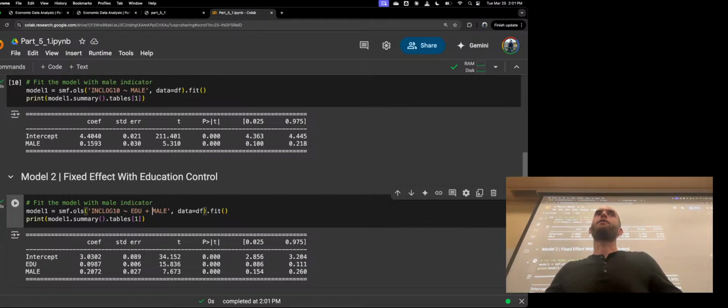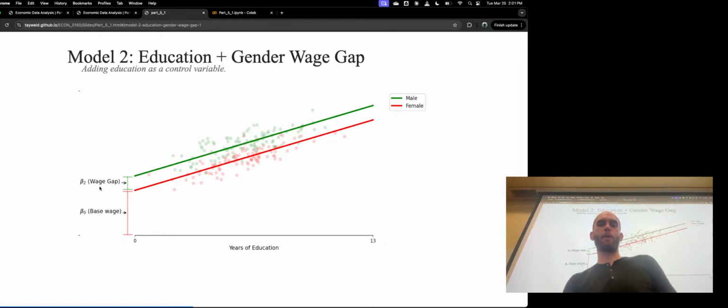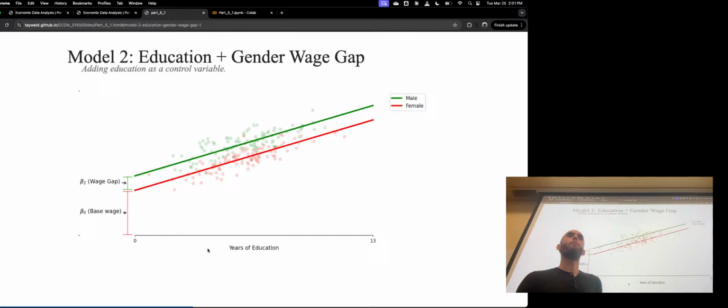All right, so this is our model of the gender wage gap after controlling for education. But we might also be interested in another question. One question I have as an educator is, are there differences in returns to education by gender?